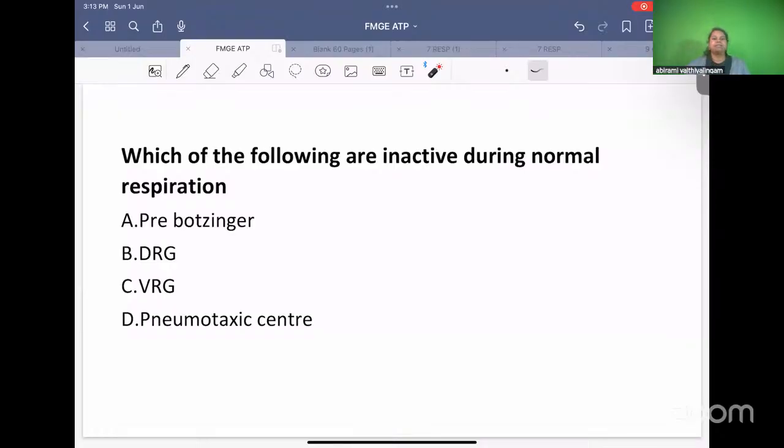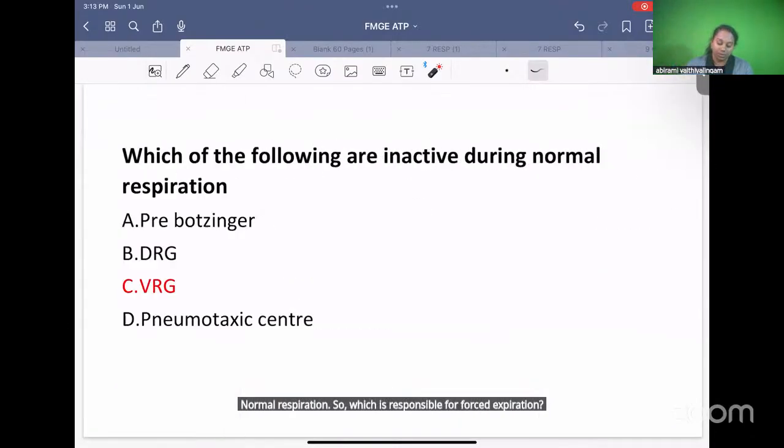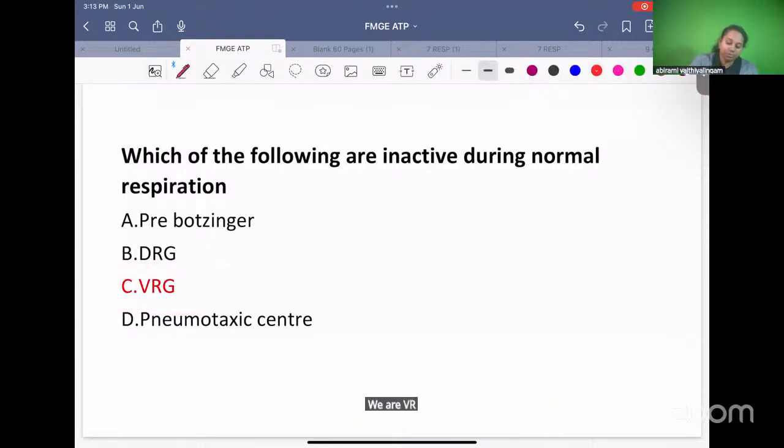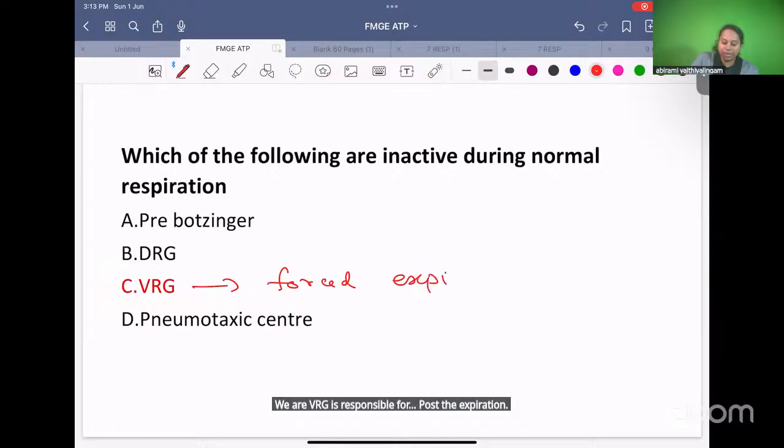Which is inactive during a normal respiration? Don't say pre-Bötzinger. Pre-Bötzinger is the pacemaker. Which is responsible for forced expiration? VRG is responsible for forced expiration, not for normal expiration.